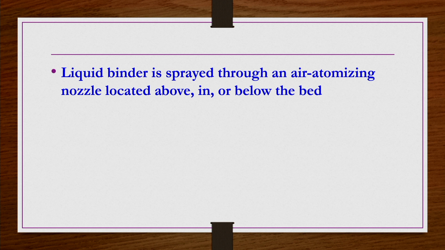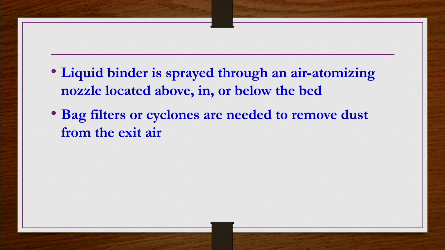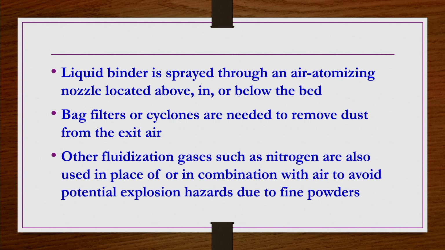All the possibilities are there. All three types of designs are available. Bag filters or cyclones are needed to remove dust from the exit air, and other fluidization gases such as nitrogen are also used in place of or in combination with air to avoid any potential explosion hazards due to fine powders, if at all required.